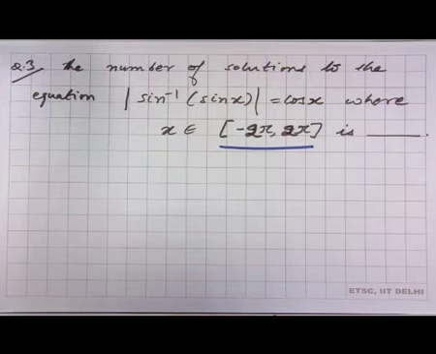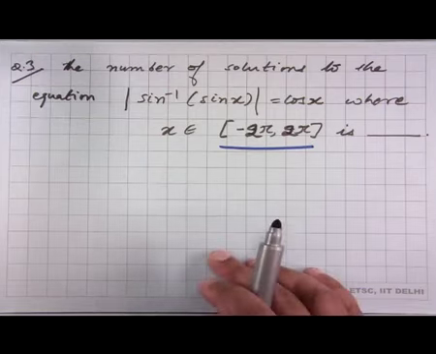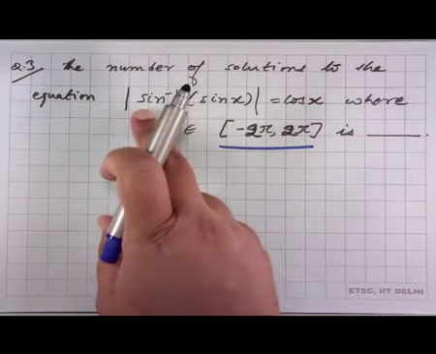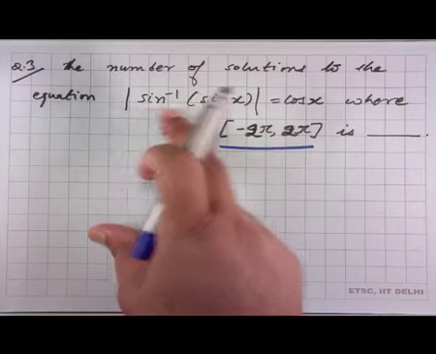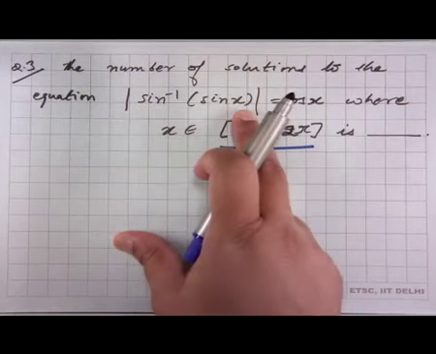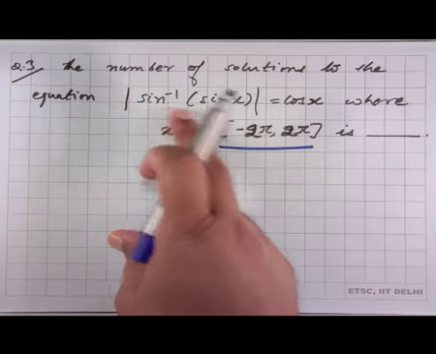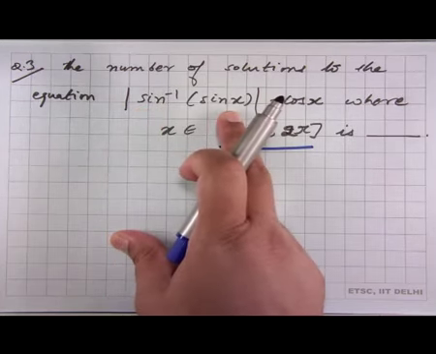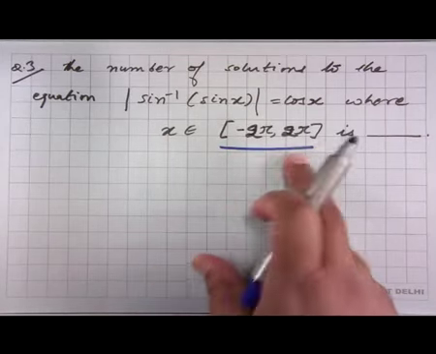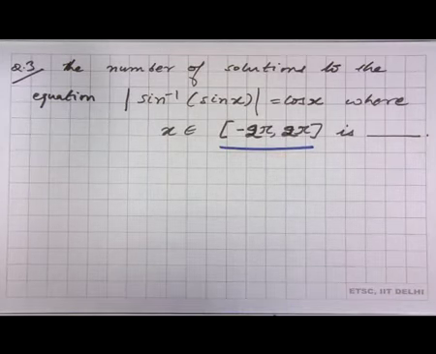So the way we are going to solve this problem is that we are going to understand and compute this particular function. We will start with sine inverse of sine x and see how it looks when x is constrained to this interval here.